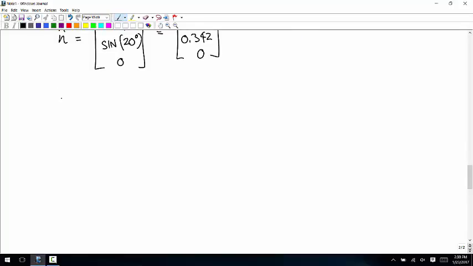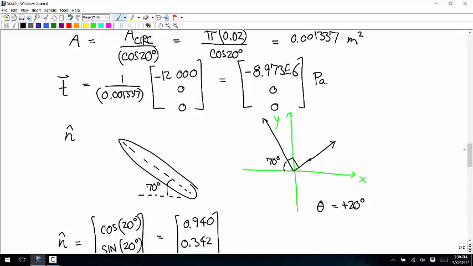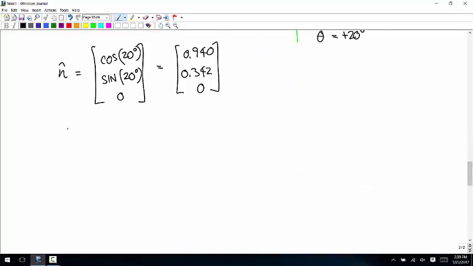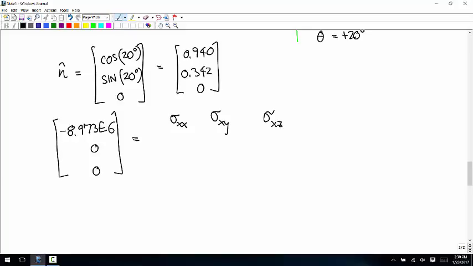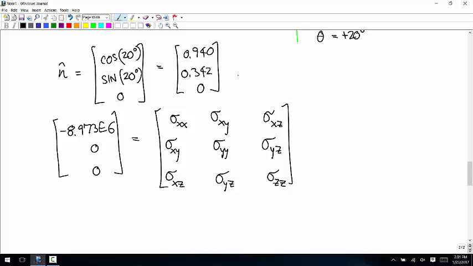Traction vector, which was negative 8.973 times 10 to the 6, 0, 0, is equal to the stress tensor times that outward facing normal we just figured out, 0.940, 0.342, 0.